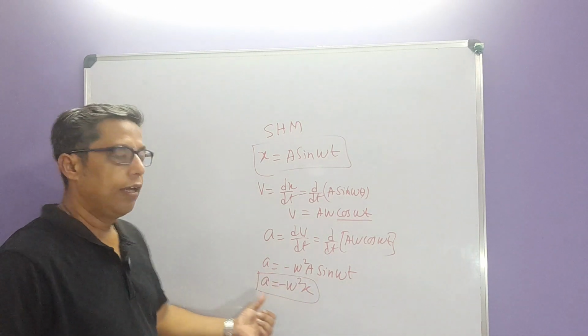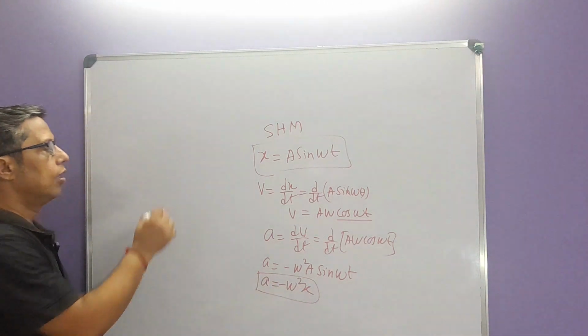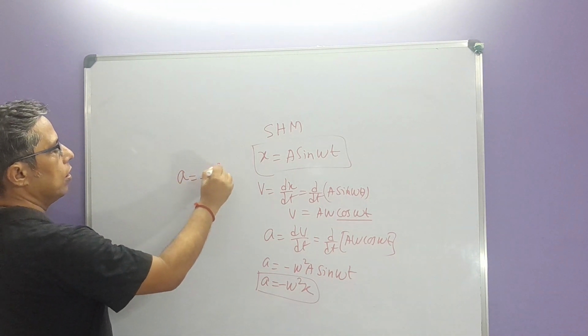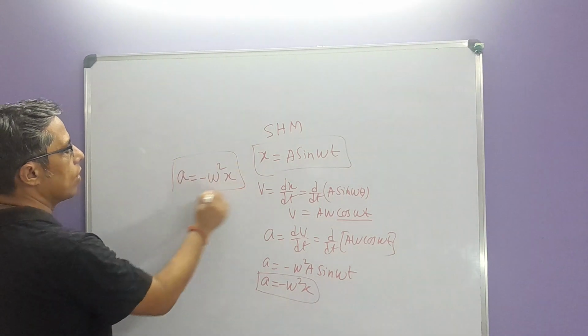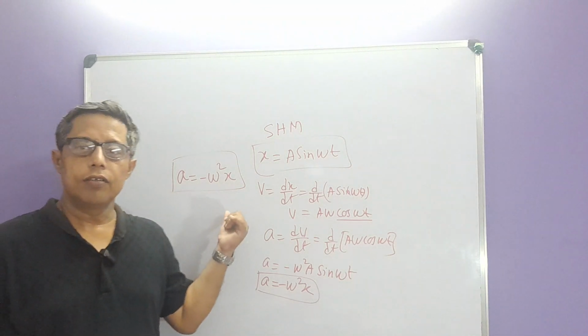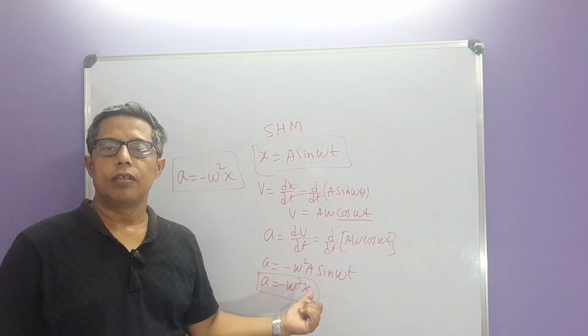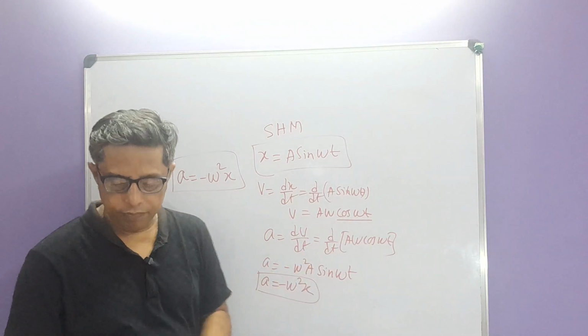So this is the acceleration. Let me show you more clearly: a is equal to minus omega square x. This is a very important relation, and we are getting it from the calculus method. This is the beauty of mathematics.